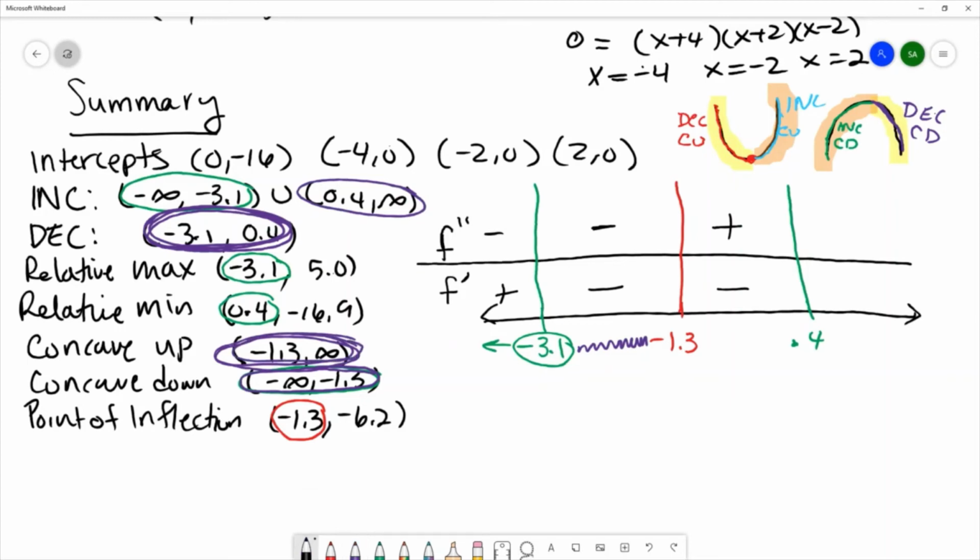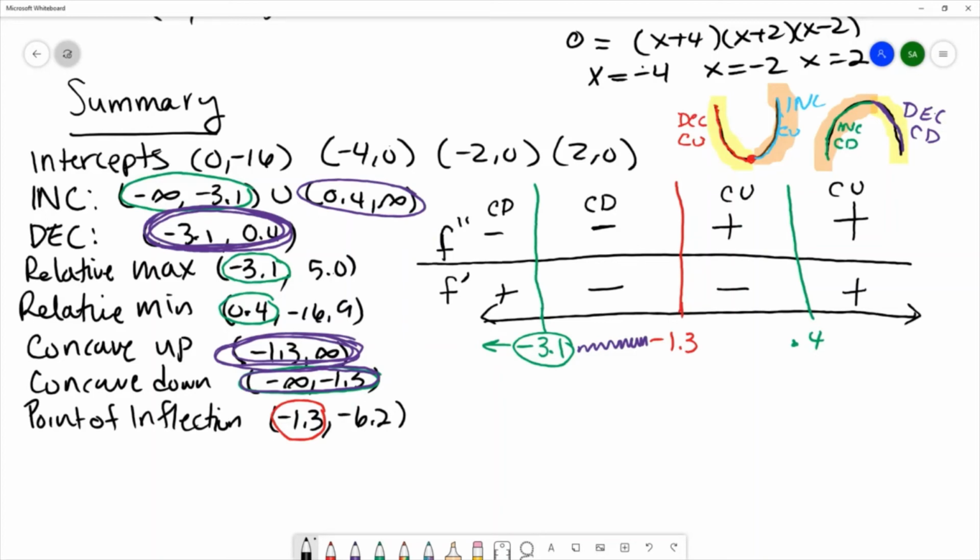So for the second derivative, we've got negative for concave down, concave down, then positive for concave up, concave up.